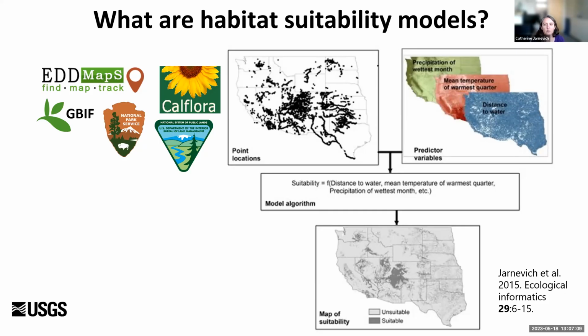And then we've created a suite of predictor variables for the US at a 90-meter resolution that include things that we think might be important for different species. And we put these all together in a model algorithm that comes up with mathematical relationships that we can use to then make a map and say whether we think a location is suitable or not for a species.